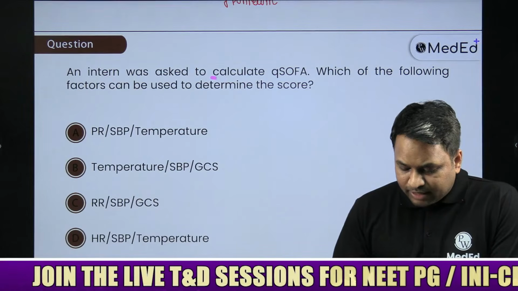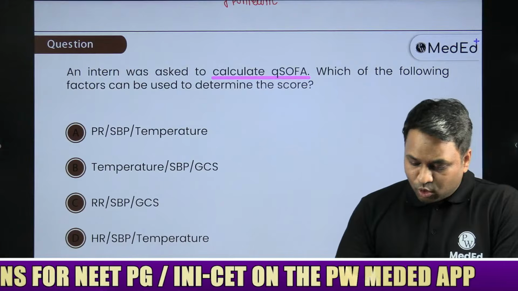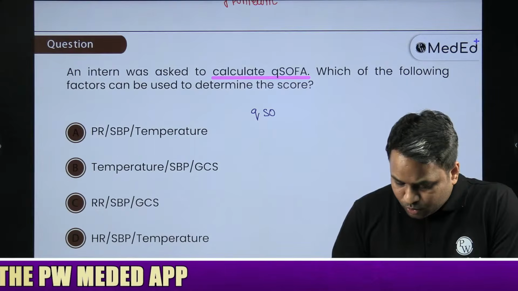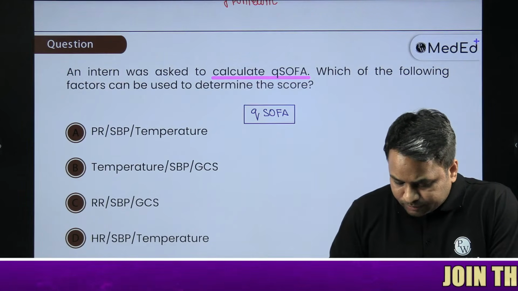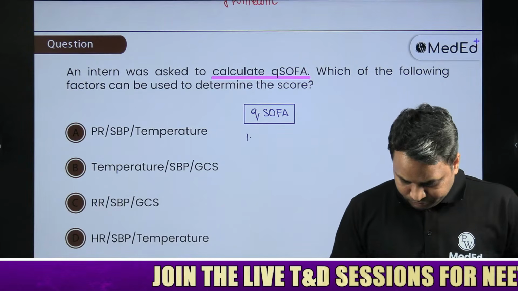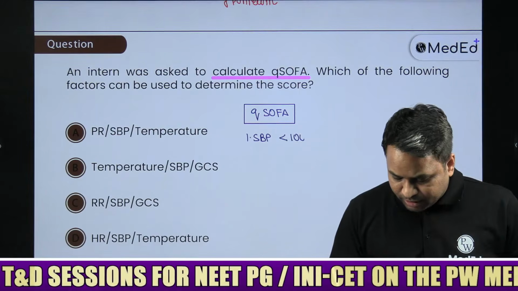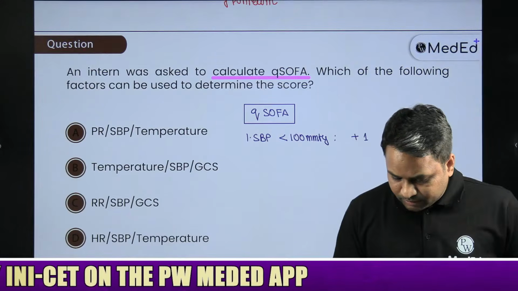An intern was asked to calculate Q-SOFA score. Q-SOFA stands for Quick Sequential Organ Failure Assessment Score. What is the criteria for your Q-SOFA score? The first one is your systolic blood pressure. If it is less than 100 millimeters of mercury, score of +1.